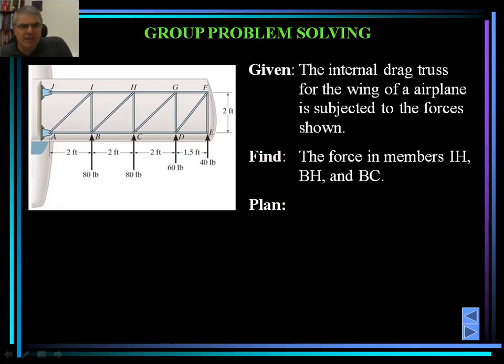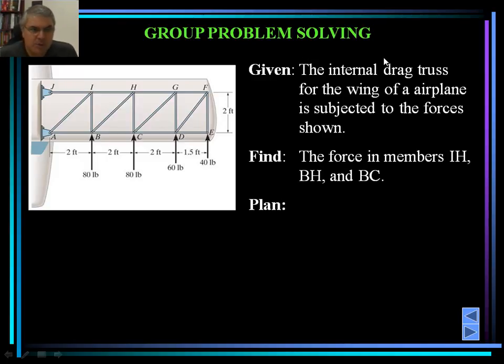Let's take a look at another group problem to solve. We call those group problem solving, since it's very important for all of you to go over that with me. In this case, given the internal drag thrust, the wing of an airplane is subjected to the forces shown.